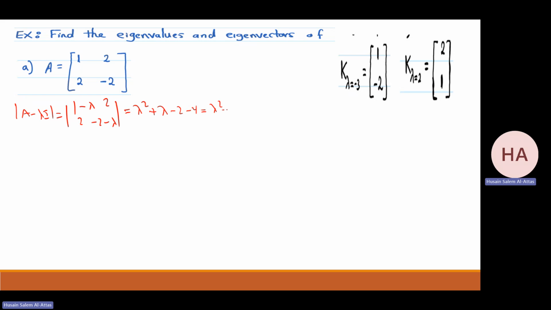That will be lambda square plus lambda minus 6, which is lambda plus 3 times lambda minus 2. So I have lambda equal to minus 3 and 2. These are the eigenvalues.